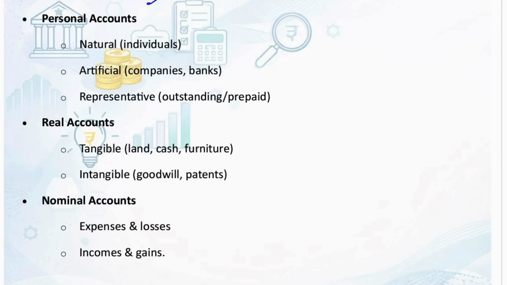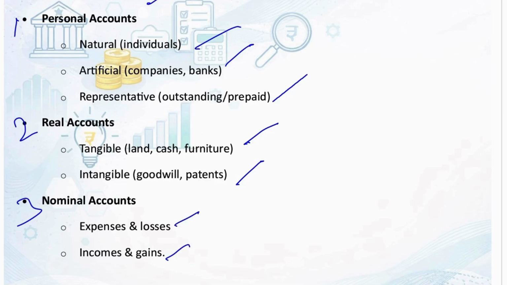Now this is a very important concept. Accounts are basically classified into three types: one, personal accounts, two, real accounts, three, nominal accounts, depending on nature. A personal account deals with individuals or entities. A real account deals with tangible and intangible items, and a nominal account deals with expenses and losses and income and gains.